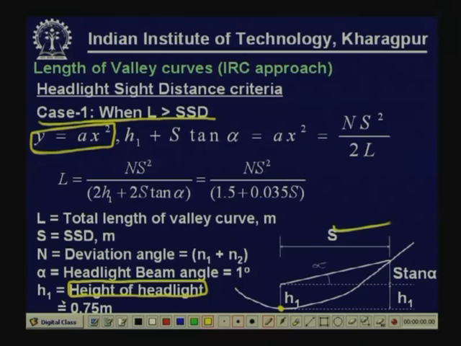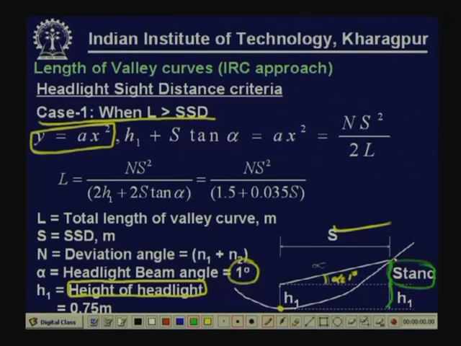N is the deviation angle, and alpha is the headlight beam angle which is taken as 1 degree. It is not really perfectly horizontal, but for high beam a small inclination is there for the headlight. That angle is considered as alpha and it is taken as 1 degree. Therefore, let us consider this sketch. We can find out what this distance is. This distance is h1 plus s tan alpha.